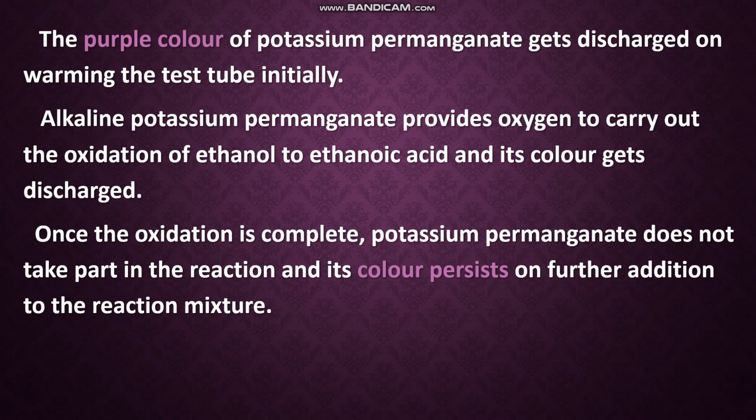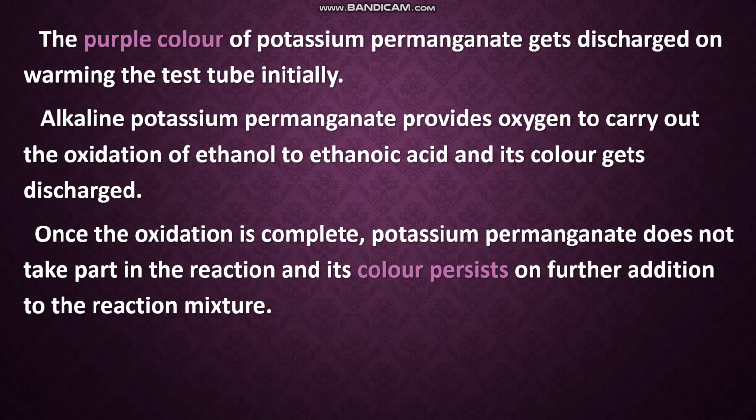The purple color of potassium permanganate gets discharged on warming the test tube initially. Alkaline potassium permanganate provides oxygen to carry out the oxidation of ethanol to ethanoic acid, and its color gets discharged. Why is the color getting discharged here? Because ethanol is converted to ethanoic acid. That is an oxidation reaction.